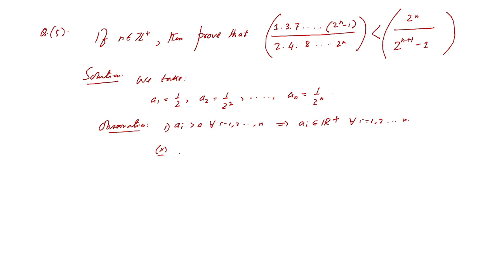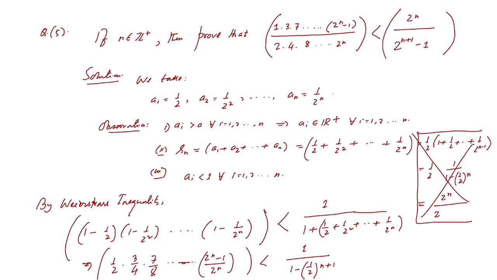And second observation, what is our S_n? S_n equals a1 plus a2 plus up to an, and that will be half plus half square plus dot dot dot 1 by 2 to the power n, into 1 plus half plus dot dot dot 1 by 2.